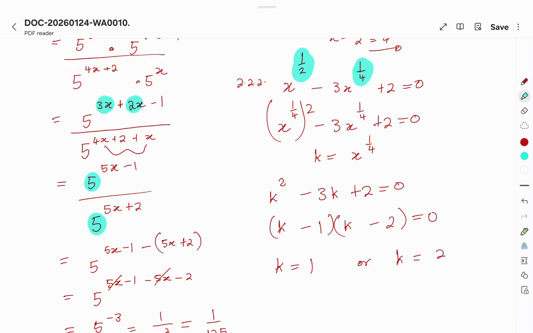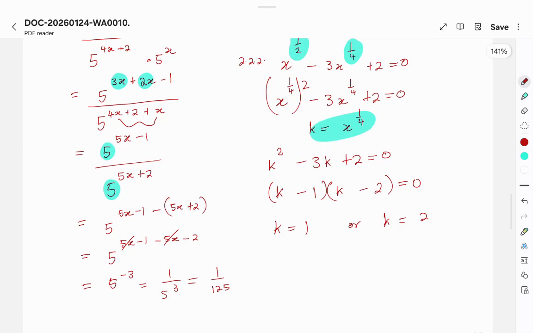Then you remember that my k value there was that one. So if I just go a little bit and substitute back, I substitute my k there as x to the power of 1 over 4 again. Then how do I go about solving for x?